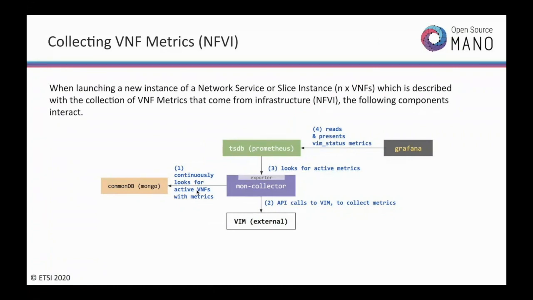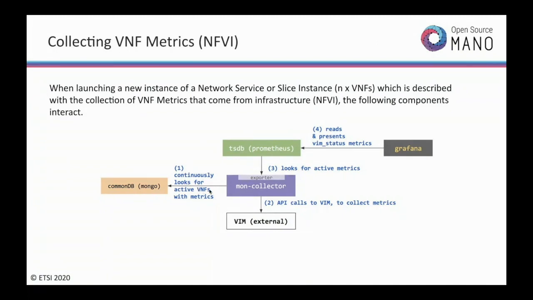And this needs specific information in the descriptor so that metrics are collected. So it continuously goes to the common DB and asks, I think that the default is every 30 seconds. It looks for VNFs that are requesting metrics.